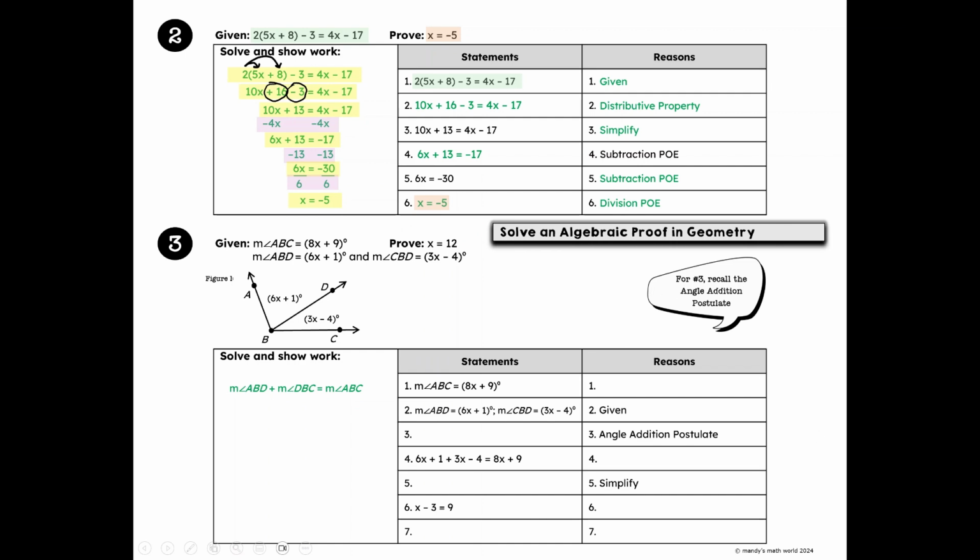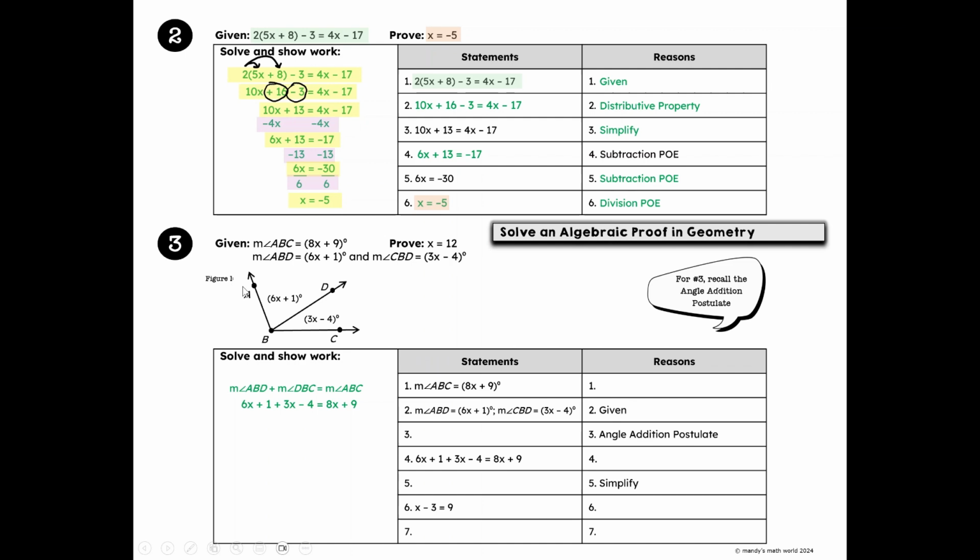Okay, so I need to set up some type of equation and solve for the value of x. I'm given angle measures, so let's set up an equation using these angle measures. I know the angle addition postulate says that if I add these two angles together, I'll get the measure of the entire angle. I can use substitution and plug in those expressions.